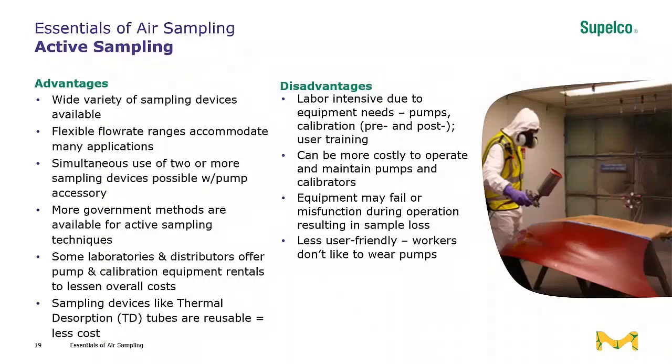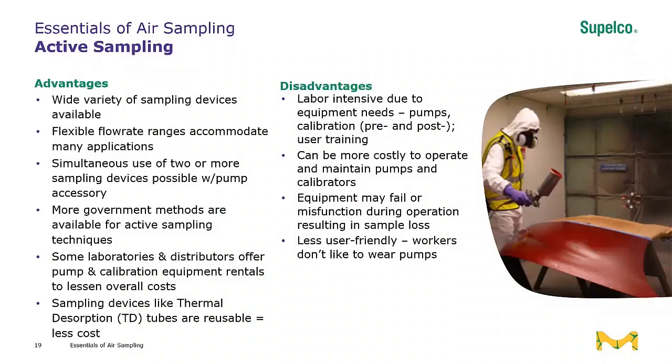The disadvantages of active sampling are mainly due to equipment needs. If you own pumps or have to manage pumps in your facility, you know that they can be labor intensive to calibrate, pre and post. They can be expensive to certify and maintain.